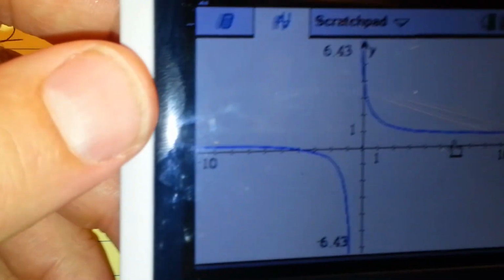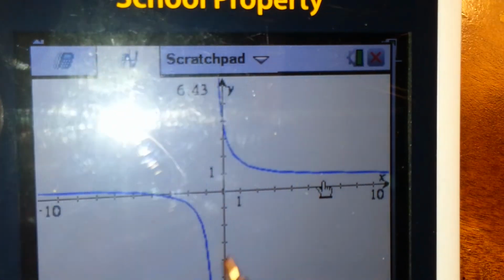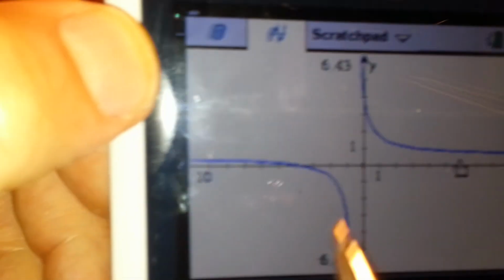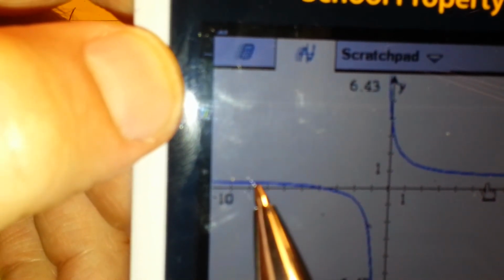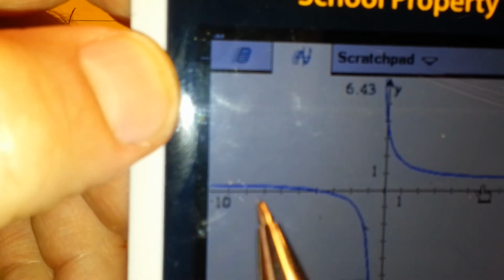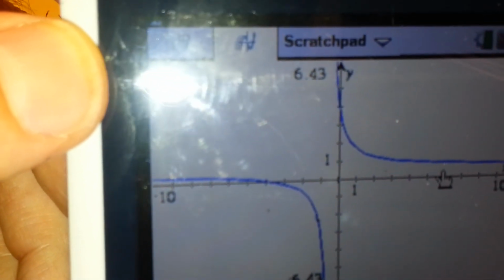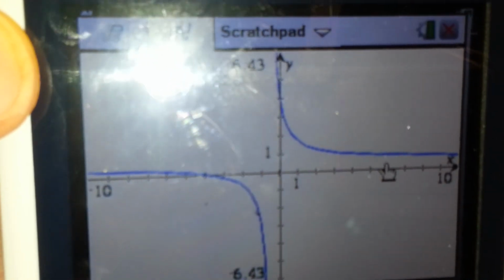And as you can see on this graph, as x gets very big, this is gradually going down, it's seeking 1/2, and as x gets very small, it's seeking 1/2. You'd have to scroll out and really widen the window to see that, but that's what's going to happen in this graph.